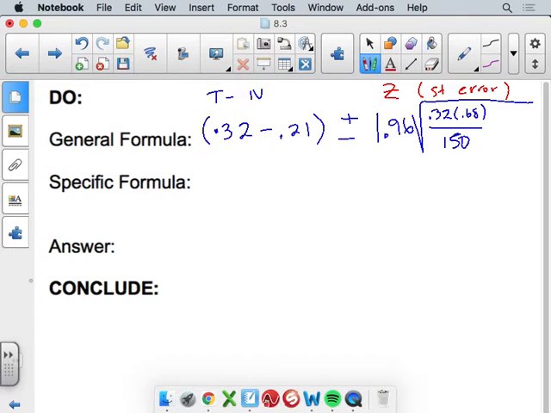So here's another spot where people screw up, the sample size difference. Because this one over here is 21 times 79 over 100. So just get those right.